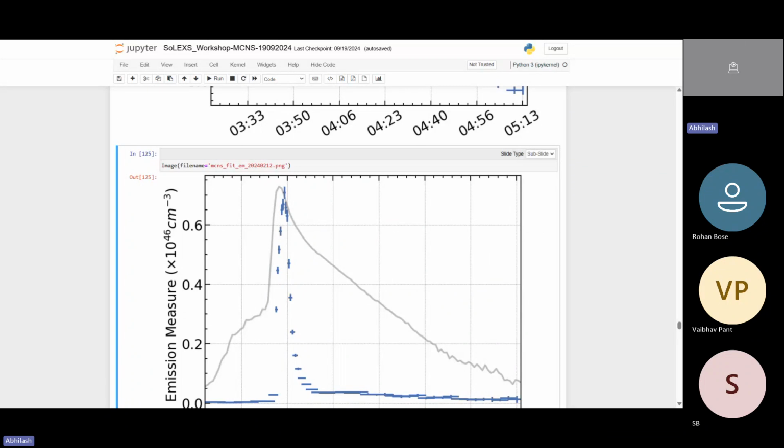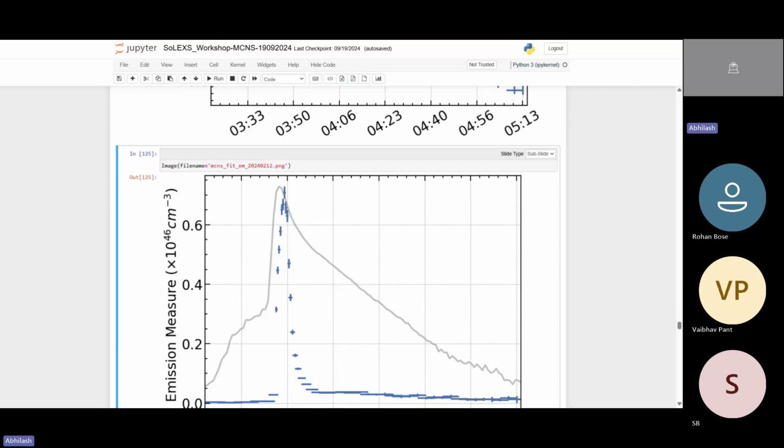So what happens? There is a paper by Hudson. He talks about how if you plot temperature versus emission measure, it follows a typical curve. You start with a low emission measure, temperature fixed first, and you have a very small amount of plasma at high temperature.